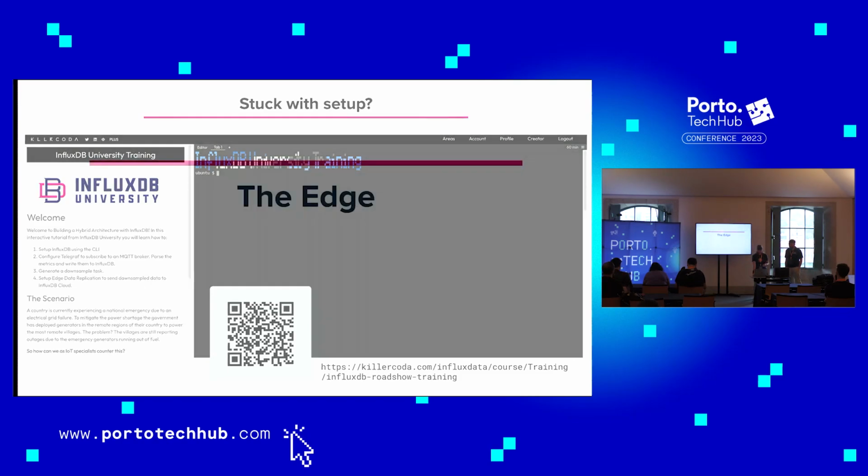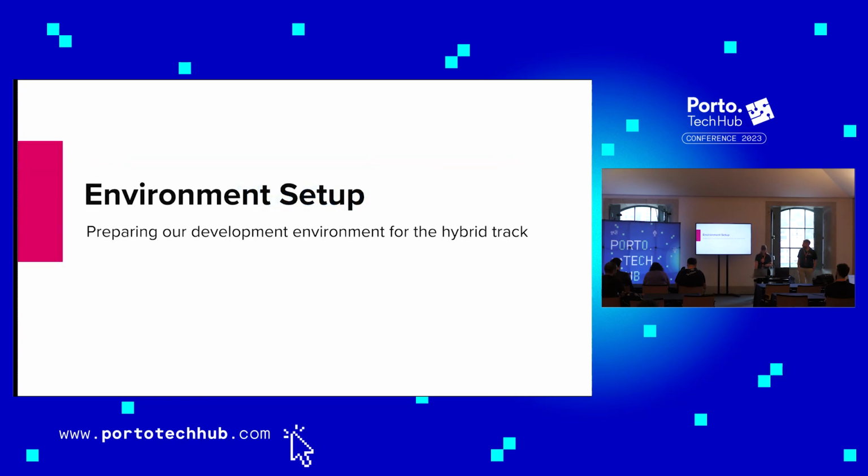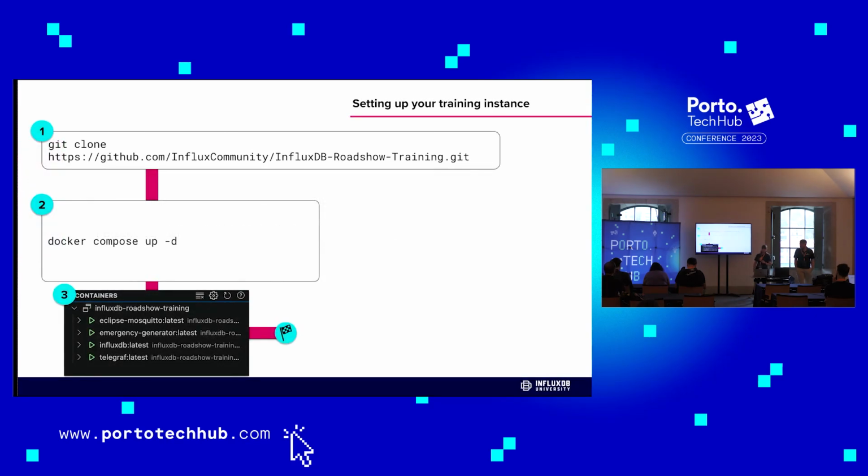So let's go ahead and get started on setting up the edge. When it comes to our environment setup, what we normally suggest is that you go ahead and git clone this GitHub link right here. This is the InfluxDB Roadshow training. I'm going to leave this slide up for a couple of seconds to let everybody get started on this.